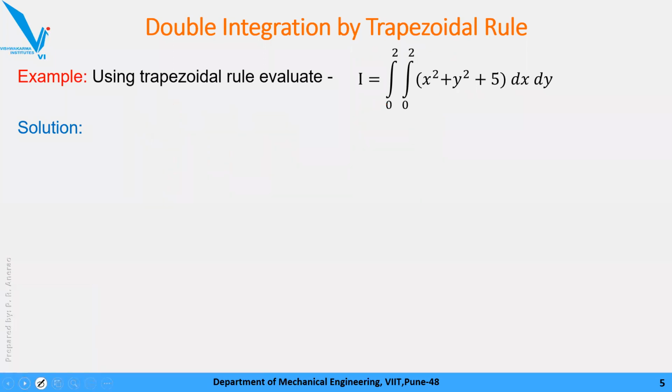So first assume how many pieces you want in between x0 and xn and y0 and yn. I'll keep them constant. I'll put 4 and 4, just for the sake of simplicity, because the limits were the same. So n equal to 4, m equal to 4.